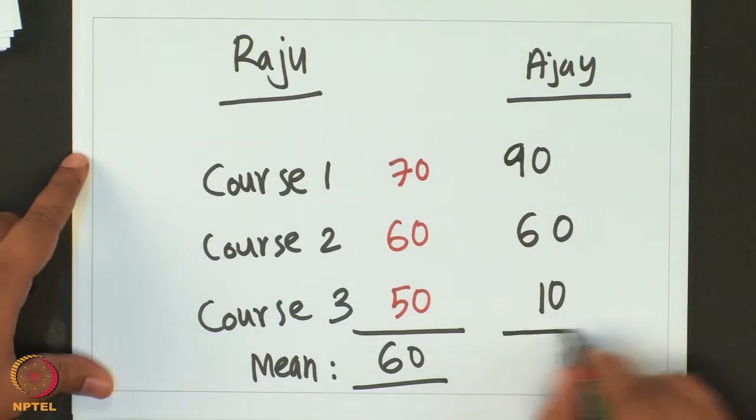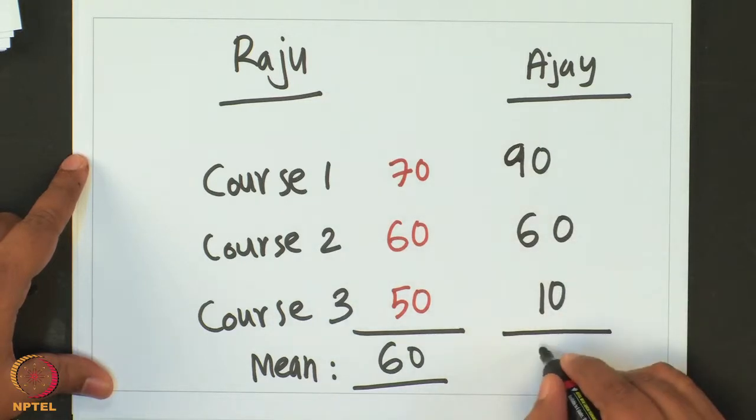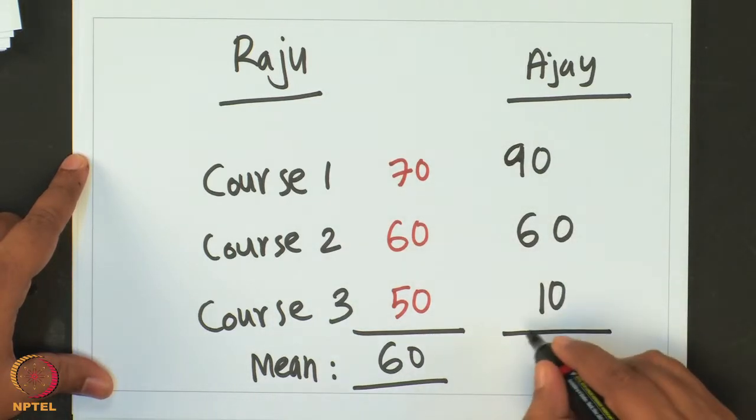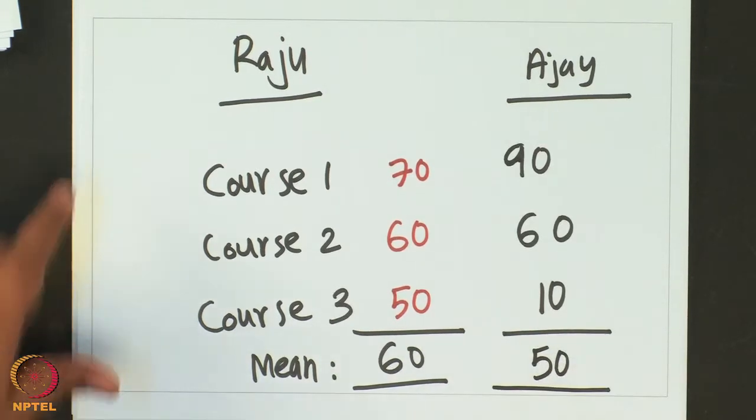So this is 10 plus 60 plus 80, 150 divided by 3. So here the average would be 50. So here this mean is 50.